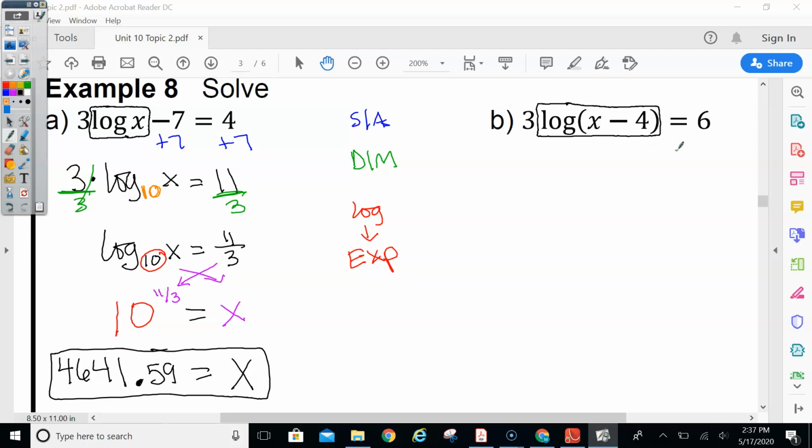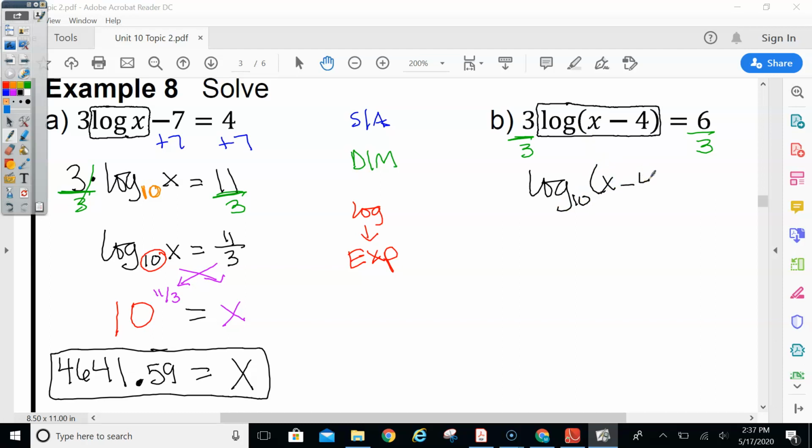Okay, so over here, again, there's nothing on the outside. This minus 4 is part of the argument, so I leave it there. So I go straight into dividing by 3. And we get log. Go ahead and leave your base as 10. Go ahead and write the 10 there.